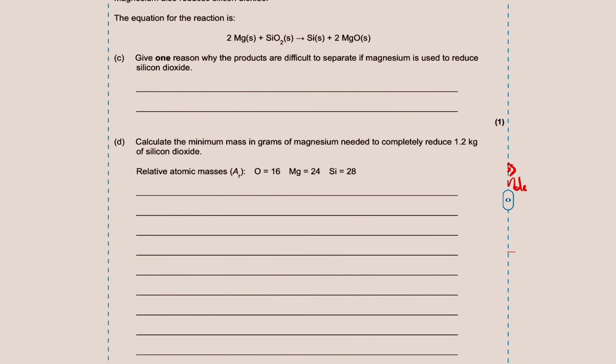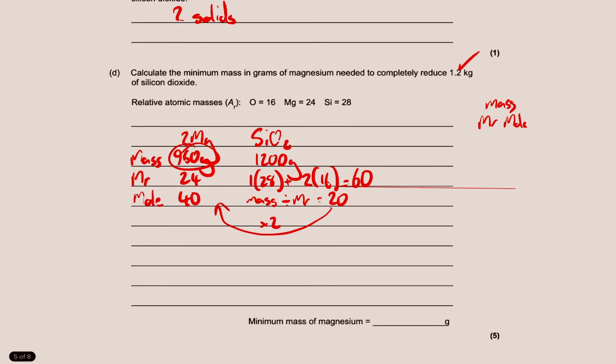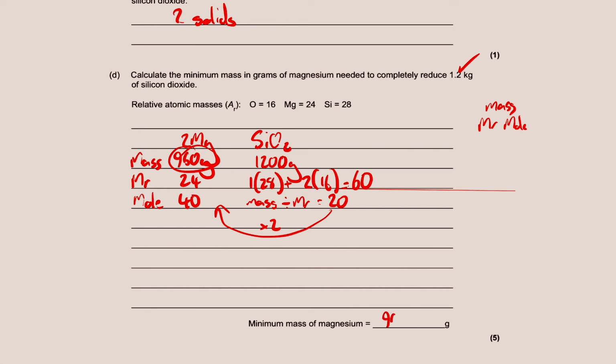So times by 2. So I've got 40 moles of magnesium. Mass, Mr times by mole, that gets us to 960 grams. Circle the answer, rewrite it where it tells us, and we're good to go. Happy revising. Again, we'll look at the titration method next time.